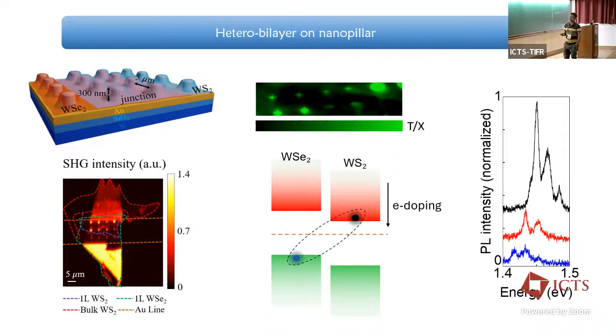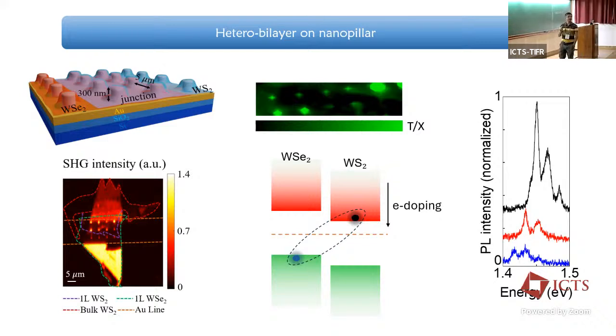The first thing is that the second harmonic generation, this SHG, has a beautiful signal here. They're very strong on the pillars. The other portions are gold. This is almost quenched. So this maps out the entire flake in SHG very nicely. This is thanks to my colleague Arun, in whose lab we have done this measurement.